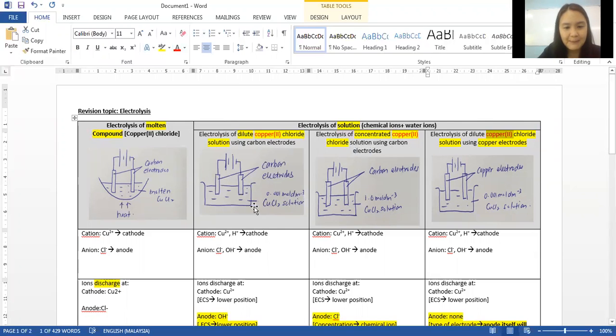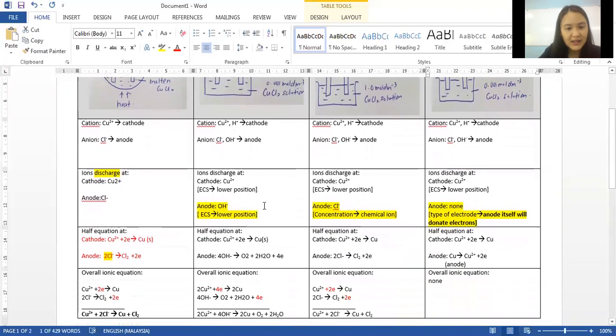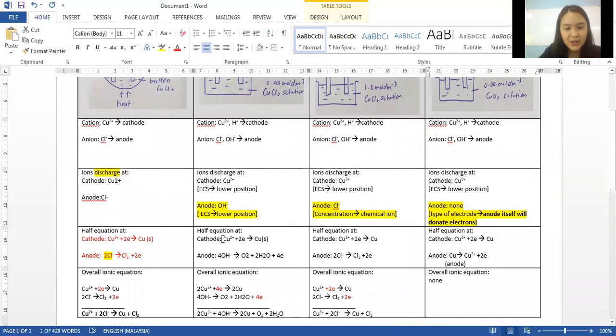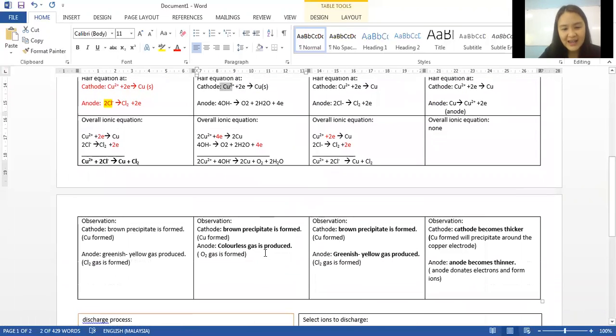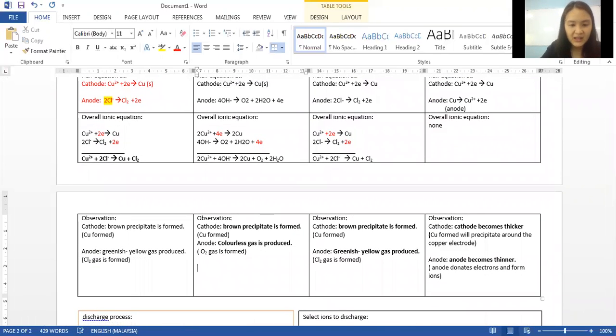So we look at the first example where we have the dilute copper 2 chloride. At first, my solution is blue because it's Cu2+. Then, what happened during the electrolysis process? If you go by the half equation, during the electrolysis process, you are using up your Cu2+ and you turn it into Cu. So therefore, in this case, you have used up your Cu2+, so the concentration of Cu2+ ion decreases.